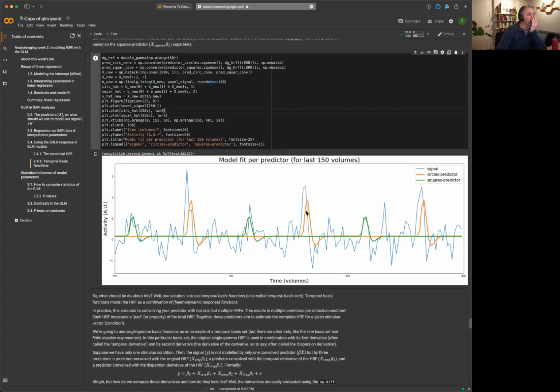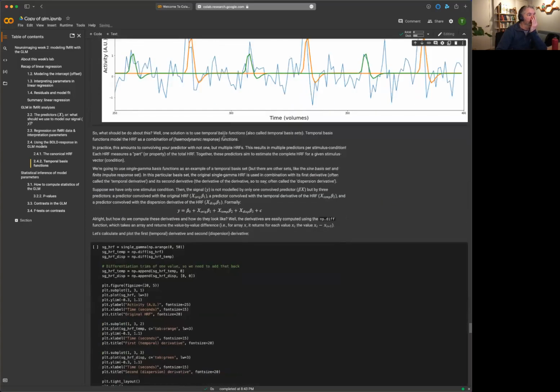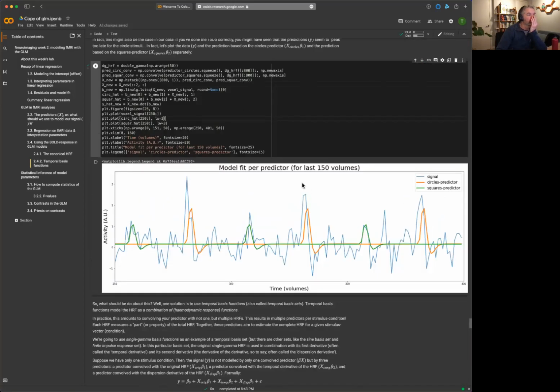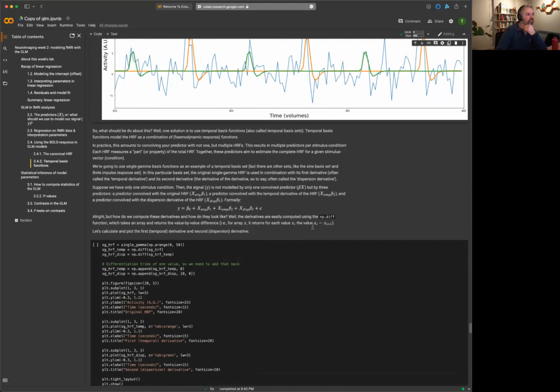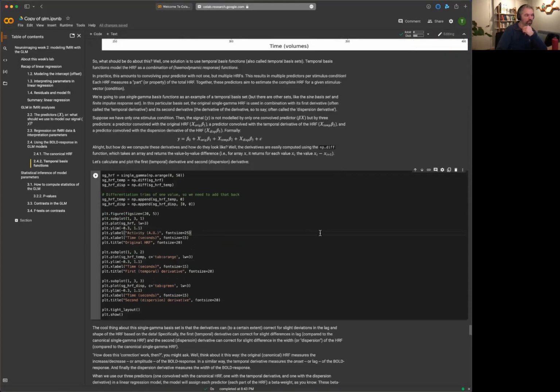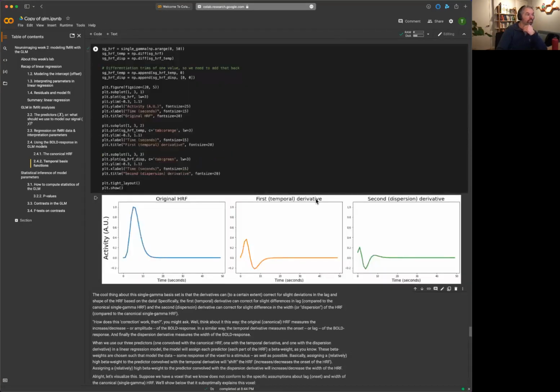So you see that the orange ones are taller than the green ones, which is exactly what we found before, right? This just zooms in nicer. What you do see is that there seems to be a temporal mismatch between the response that we predicted and the actual data. So can we try to start to fix this?